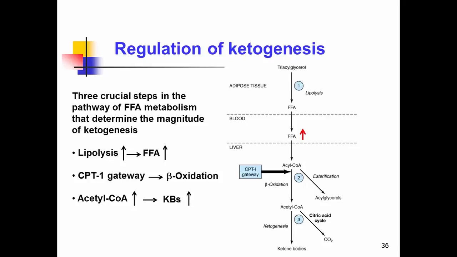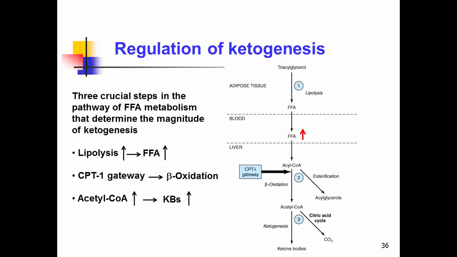Now let's talk about the regulation of ketogenesis. There are three very important steps that control the rate of ketogenesis. First of all is the level of fatty acids in the circulation.